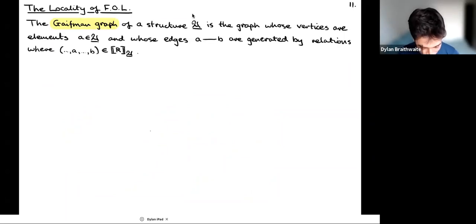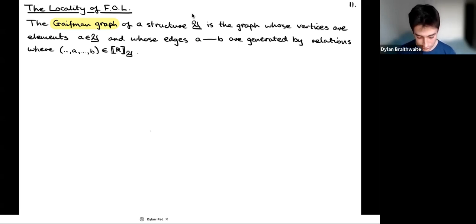So we define this thing called the Gaifman graph, which is a graph whose elements are the elements of the universe of that structure, and there's an edge between two elements if they're related by some element of a relation. In the case of graphs, we just recover the original graph through this construction.